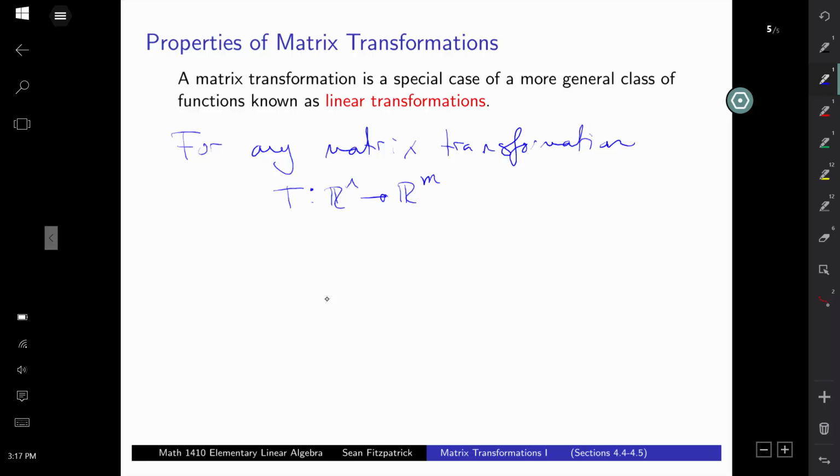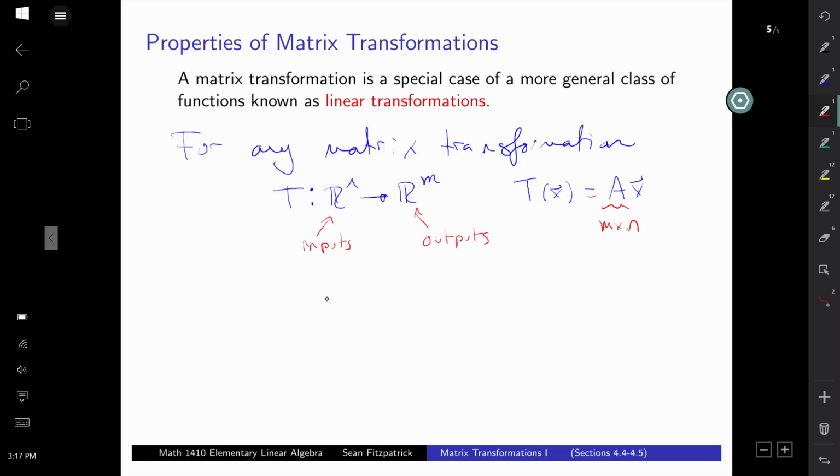By the way, this notation, if you've never encountered it before, is just a way of saying that the inputs all come from Rn, and the outputs all land in Rm. And so we know that our matrix transformation is going to look like T of x equals A times x, and we know that this A has to be m by n.